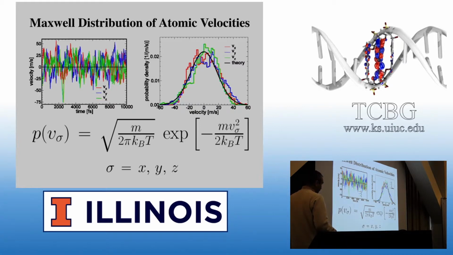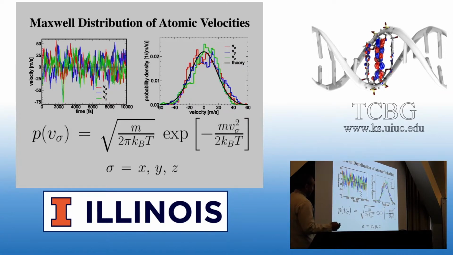So you have this Maxwell distribution of atomic velocities. And in X, Y, Z, this distribution corresponds to a particular temperature that we assign the system. In fact, we can use the velocities of the system to calculate the instantaneous temperature of the system. And that's how it is done.